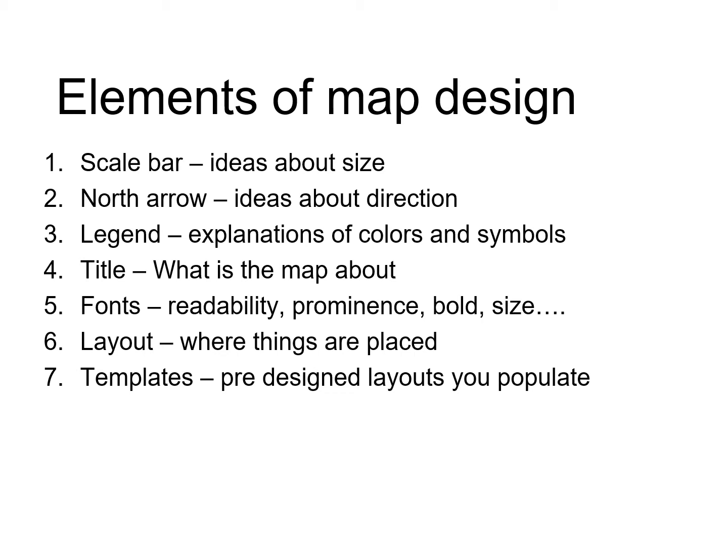We use different fonts of different sizes and different colors because of the readability, the prominence, and whether or not we embolden those fonts are just different ways of sharing information or importance. And then, of course, there's a layout, which is basically how we place all these things together. And sometimes we do that using a template, which is a pre-designed layout that you simply put data or information into.